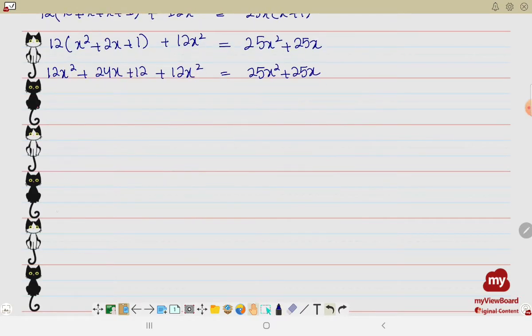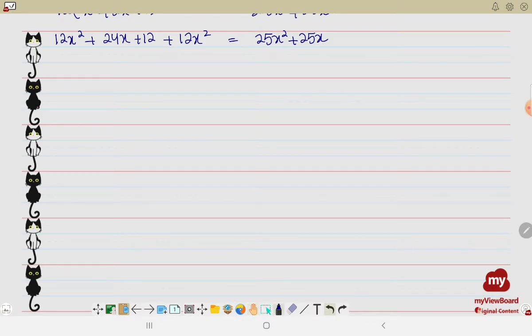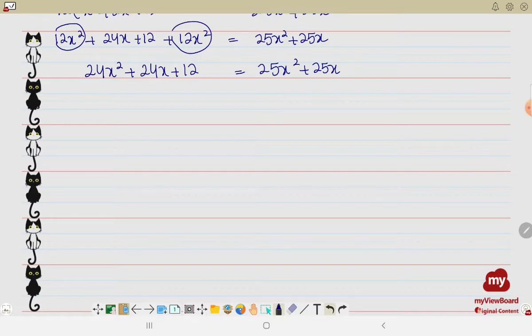Let's solve it further. 12x squared plus 12x squared becomes 24x squared, plus 24x plus 12, and on the right it is 25x squared plus 25x. Usually we write the plus sign with the square term. 25 is the bigger number, so we'll move all the terms from the left hand side to the right hand side of the equation so that we can simplify them. 24x squared becomes minus 24x squared, minus 24x, minus 12.